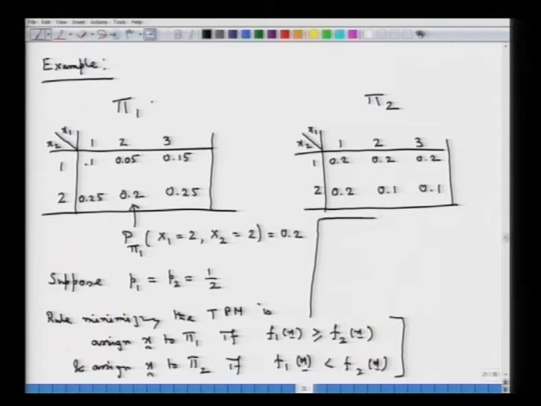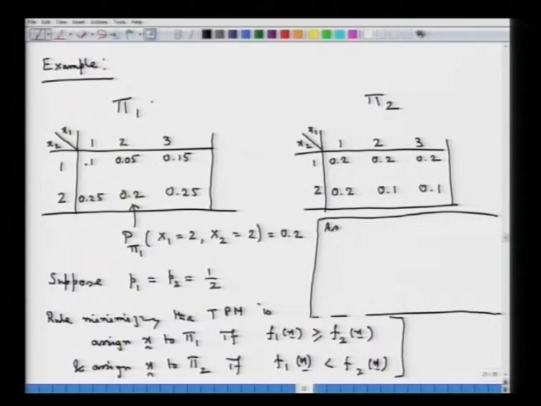Let me write it here because the table is sitting here. So, we will have the following rule. The classification problem based on this TPM rule would be to assign the pair 1 1 to a population depending on where it comes.